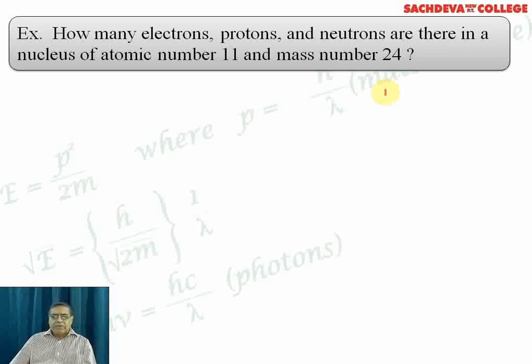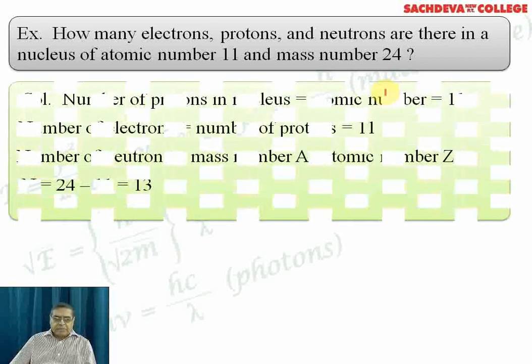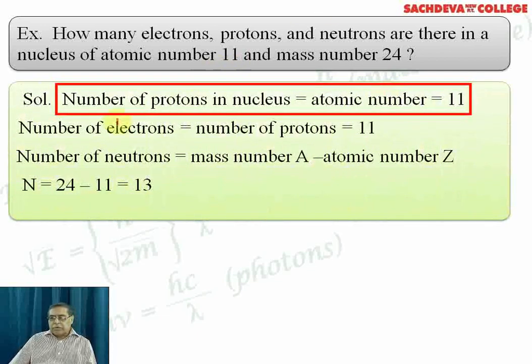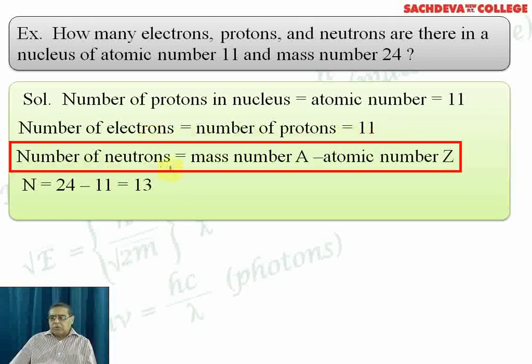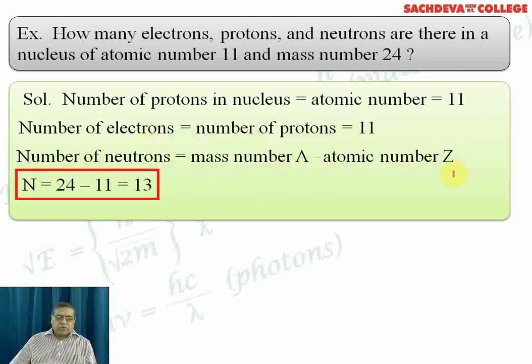So the number of electrons and protons will be 11 because 11 is the atomic number, and if from 24 we subtract 11, that gives the number of neutrons, which is 13. So the number of protons in the nucleus, that is the atomic number, is 11. The number of electrons will be equal to the number of protons, that is 11. The number of neutrons is equal to the mass number A minus the atomic number, and it is found to be 13.